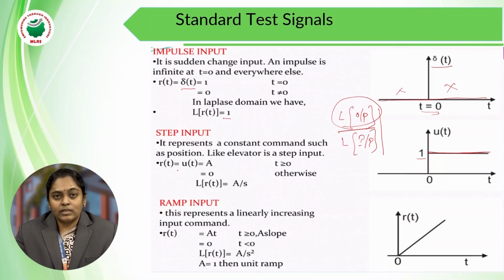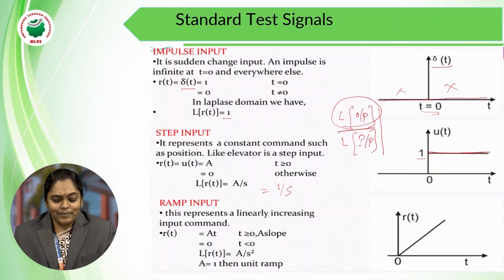That is the reason this can be represented mathematically as amplitude A for t greater than or equal to 0 and 0 for the other cases. And the Laplace transform for a step signal is A by S. If you assume that the amplitude of this step signal is unit step, then we can write it as 1 by S.